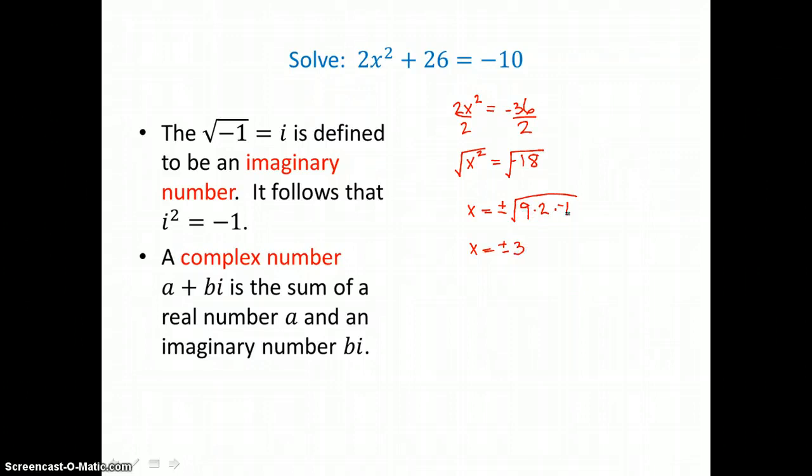I can take the square root of negative 1, that's i, my imaginary number, and I've got the square root of 2 as a factor also. So that's our solutions, our imaginary solutions to this quadratic equation: negative 3i times the square root of 2 and positive 3i times the square root of 2.